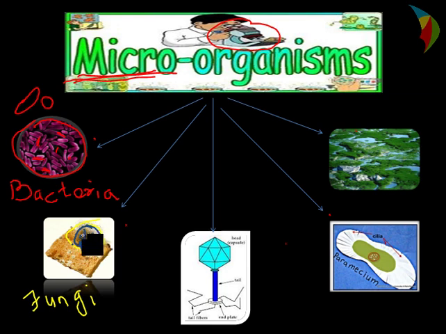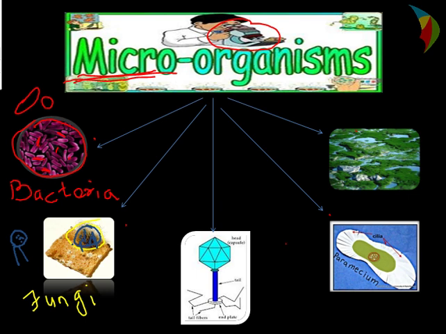This is a type of microorganism which is found in spores, with a structure like this. So this is the second type of microorganism, that is fungi. First was bacteria, second is fungi.